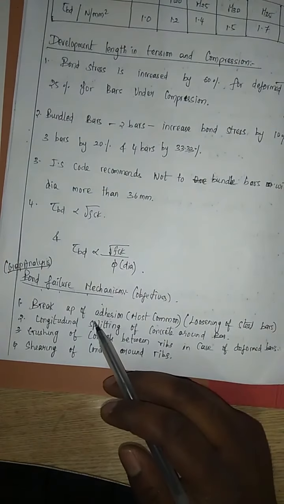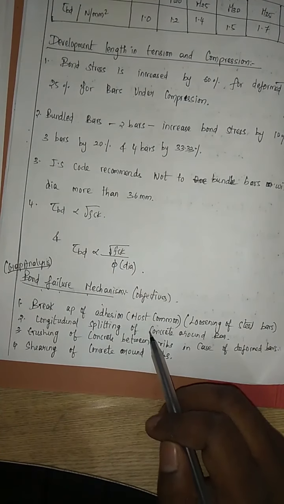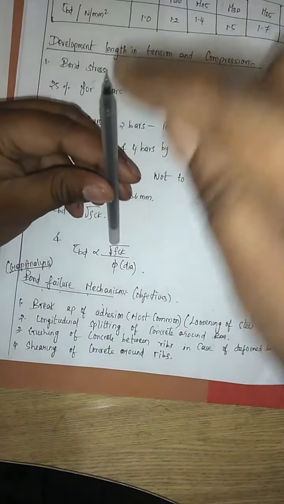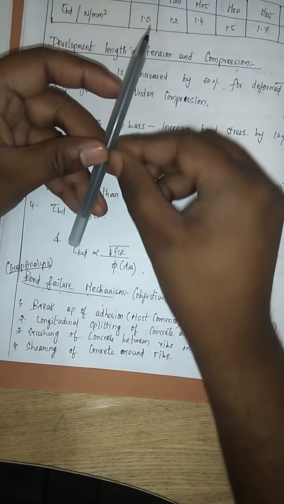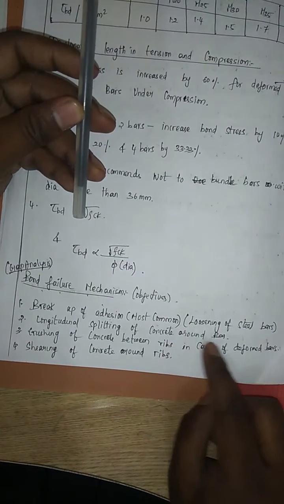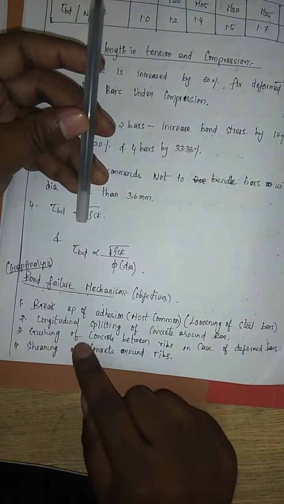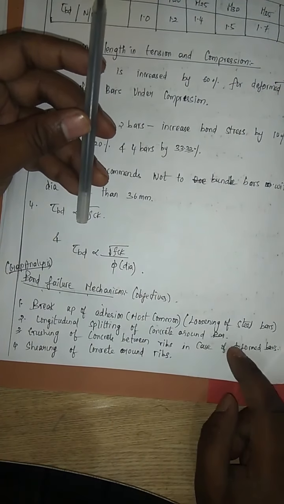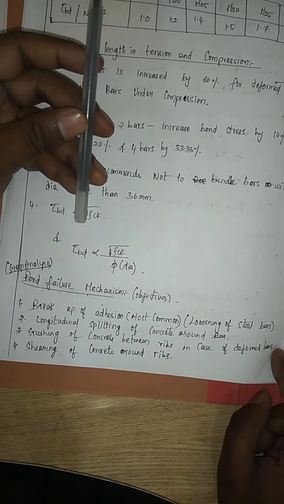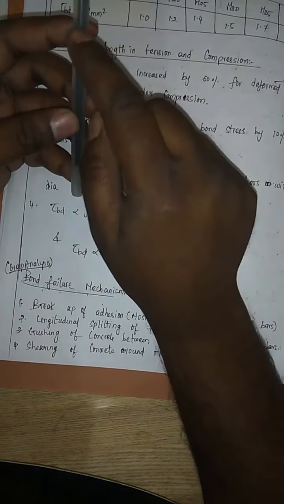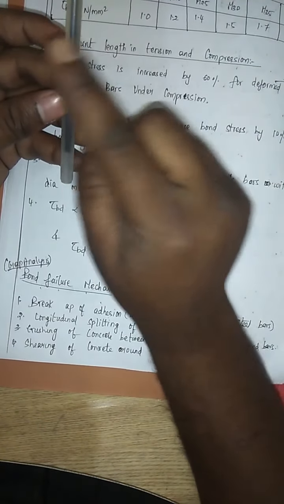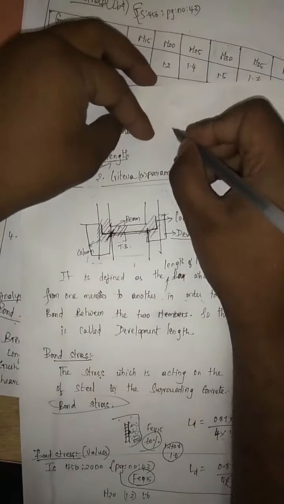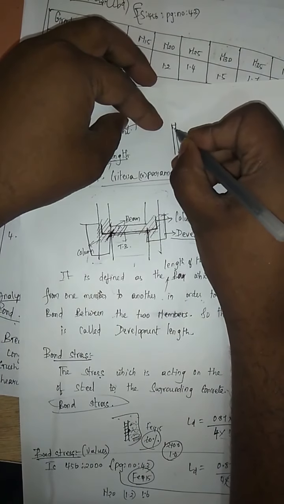Second point is longitudinal splitting of concrete around the bar. The concrete is split longitudinally. Third, crushing of concrete between ribs in case of deformed bars. What are ribs? In a steel bar you can see some ribs, right? I will draw it. See, in the steel bar you can see some ribs.